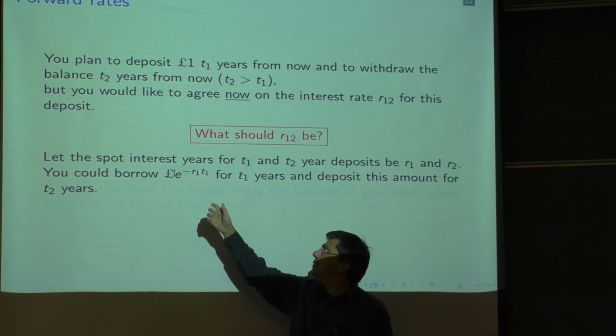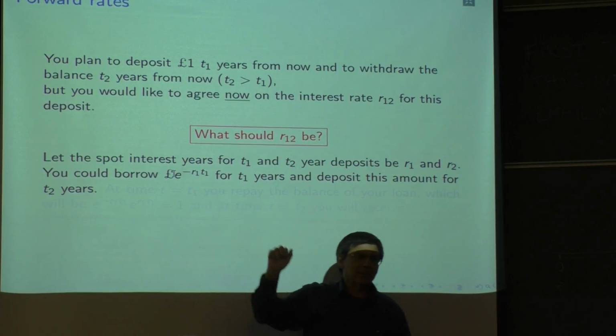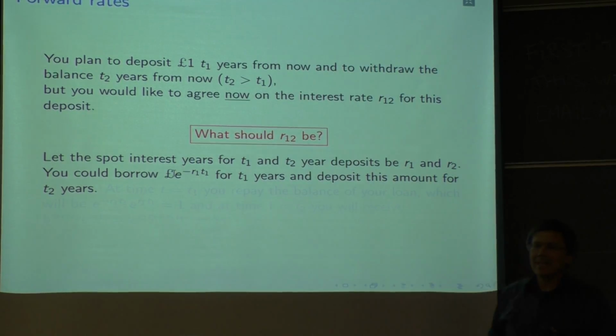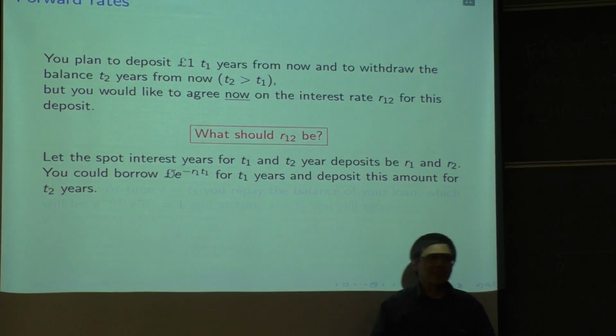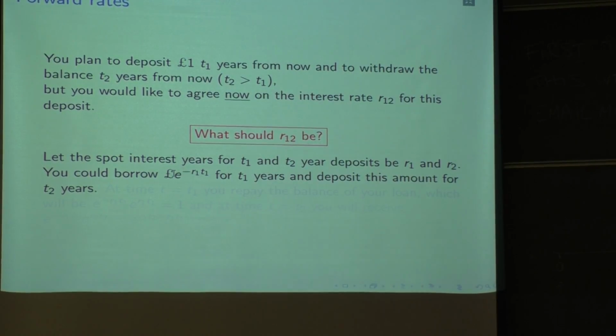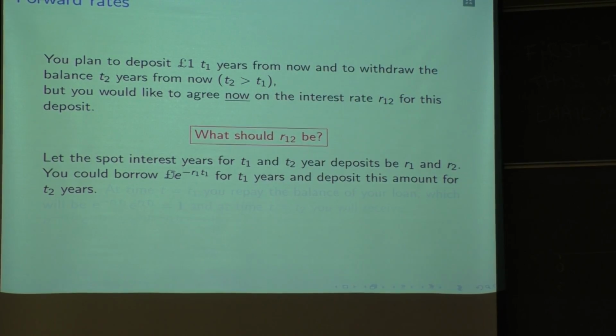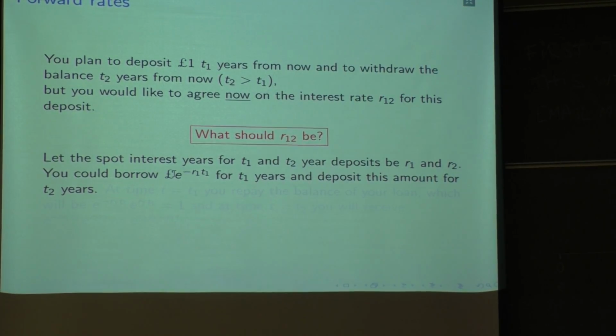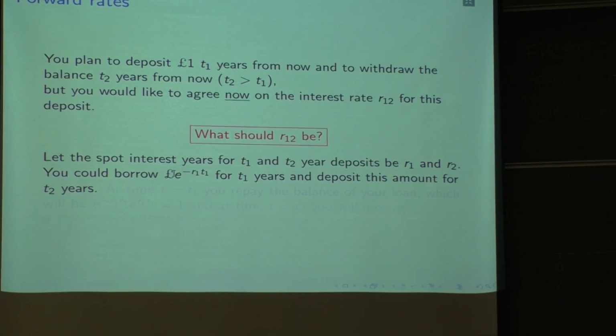So I have to repay the amount of money times e to the R1 T1. And what is that equal to? How much money do I have to repay when I borrow this amount of money for T1 years at an interest rate of R1? It's important for me to know that you know this answer. So if you know this answer and you're being shy, then don't be shy. How much money are you going to have to repay at time T1?